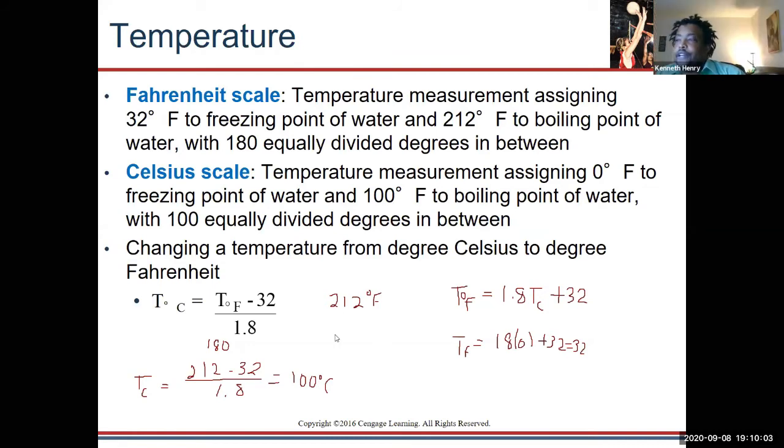So, Fahrenheit done, let's talk about Kelvin. T Kelvin, there's no degree symbol when you use Kelvin, equals TC plus 273.15.